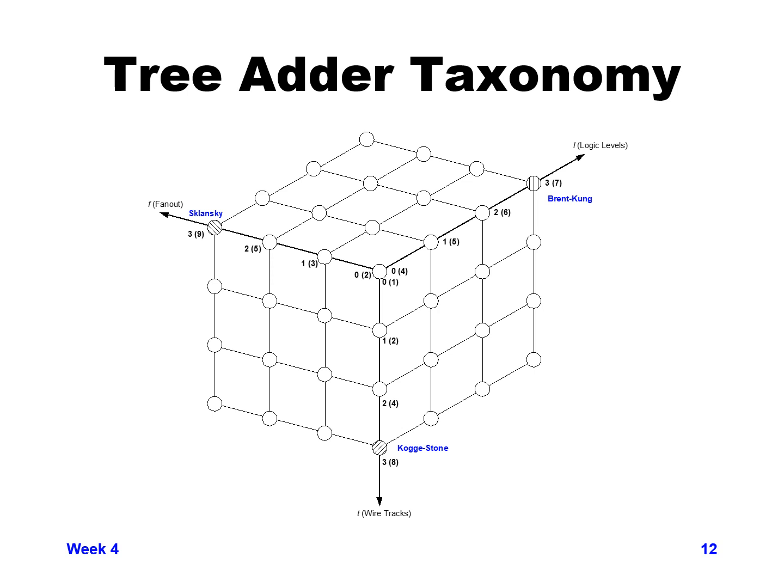And then the Sklansky model is as if you were maxing out the fan out, but keeping the logic levels and wire tracks at the lowest value. So small f is 3, and small l and small t are 0. So that requires a fan out of 9.